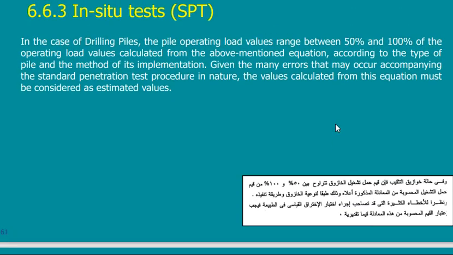So suppose I want to use it for bored piles. What should I do? The Egyptian code stated that in case of bored piles, the actual values for bored piles may be 50 to 100% of the values that you are going to get.